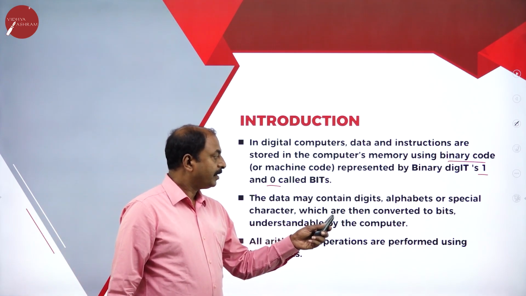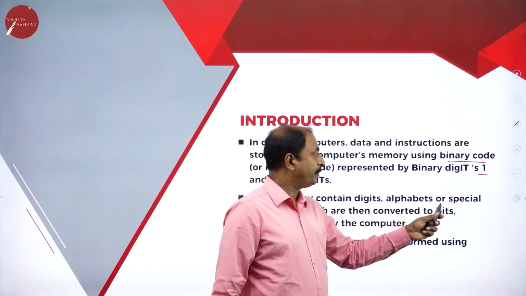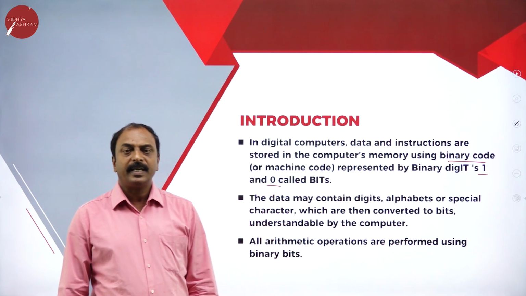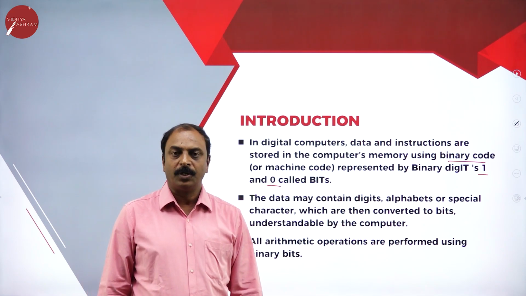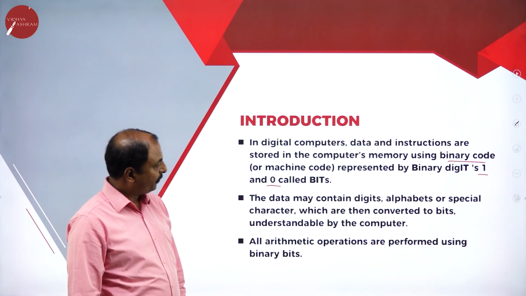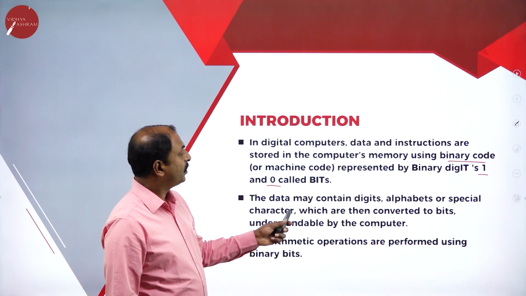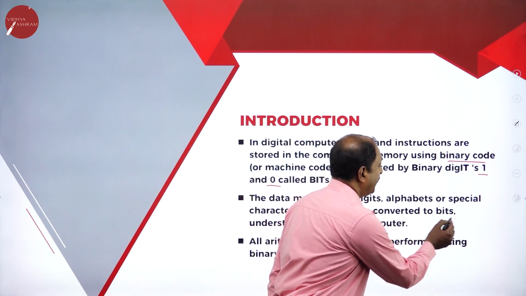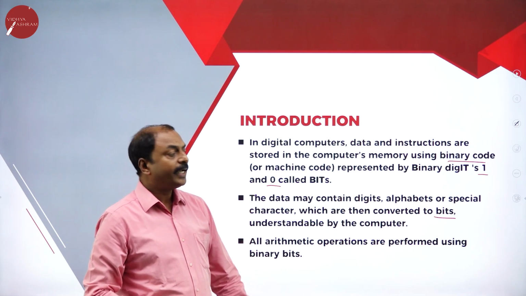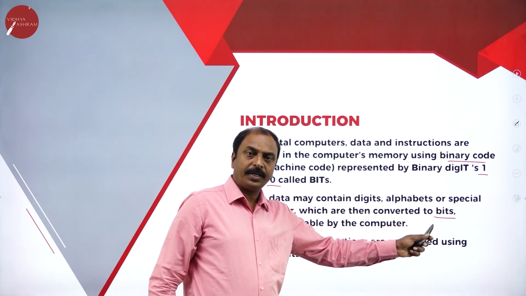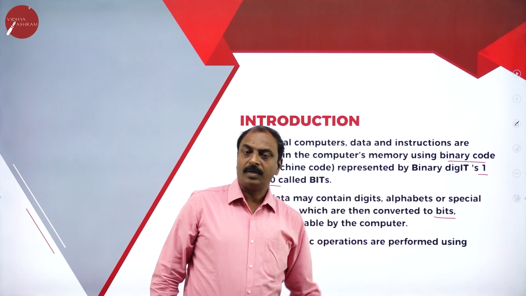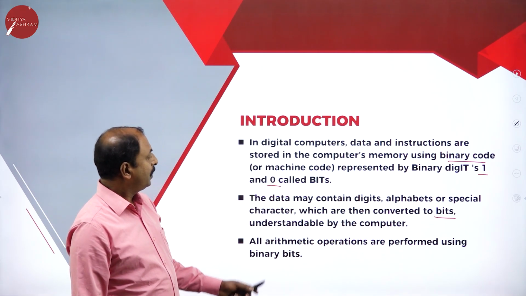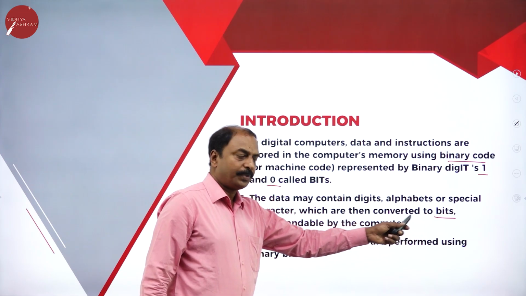But our data may contain digits, alphabets, or special characters which we can understand, but which cannot be understood by a machine or a computer. So for that reason, the data we enter has to be converted into machine readable form, that is, a form understandable by the computer.